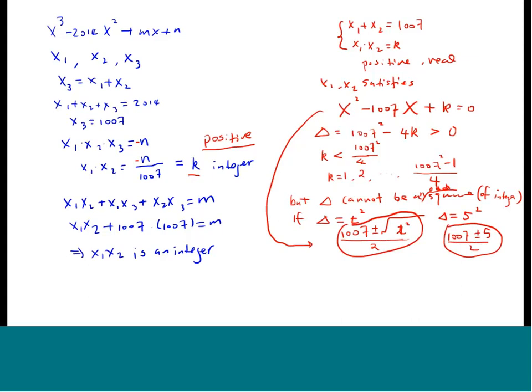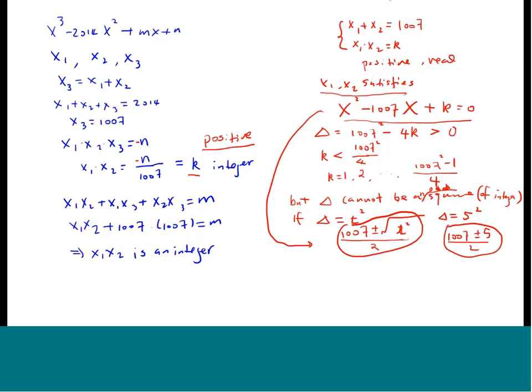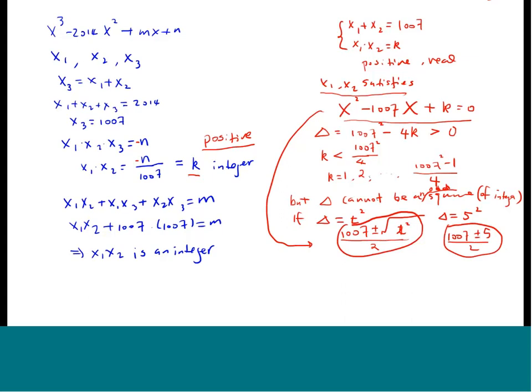So this is the equation satisfied by x1, x2, right? So actually this sentence is not exactly right. So I should say delta cannot be a square of an odd integer.